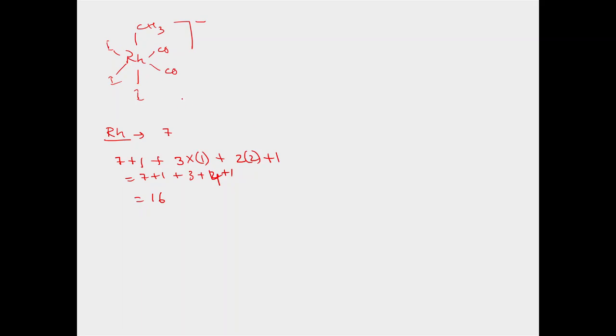Because here we are counting by the neutral method, right? So it will be 9 electrons. Is it clear? Yes, ma'am. So 9 from rhodium, 1 from CH3, 1 each from all the iodine, and 2 from each of the carbonyls.